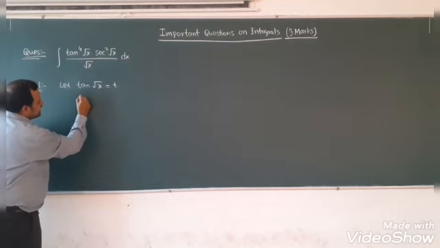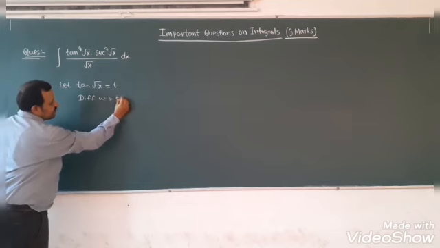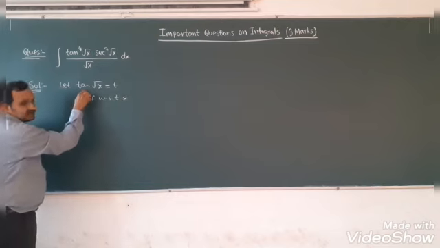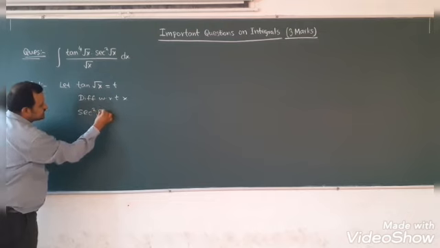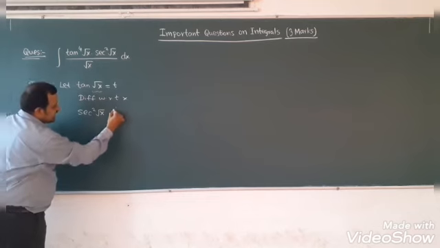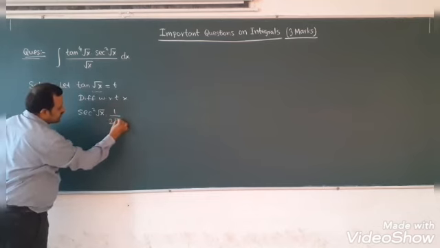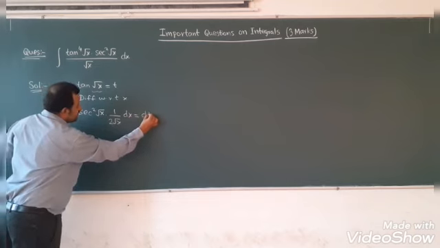Now differentiate both sides with respect to x. Differentiation of tan is secant square root x into differentiation of root x, it is 1 by 2 root x dx is equal to dt.